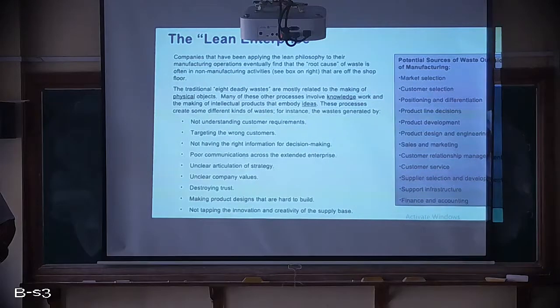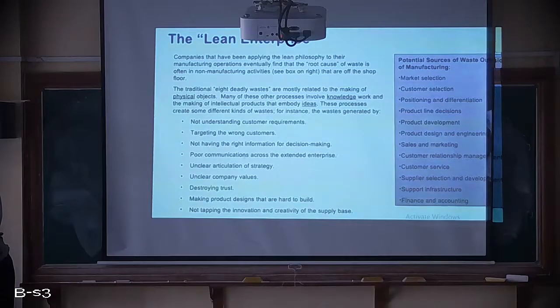Okay, this I told already. See, also you can see the last portion. There are potential sources of waste outside. I told already, so upstream and all. Market selection, customer selection, positioning and differentiation, product line decisions, product development, product design engineering, sales marketing, customer relation management, CRM, customer service, supplier selection development, support infrastructure, finance and accounting.